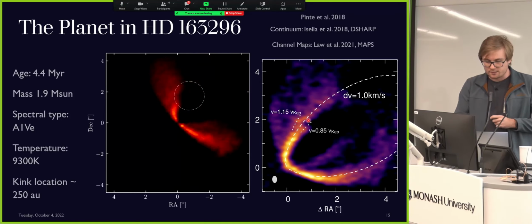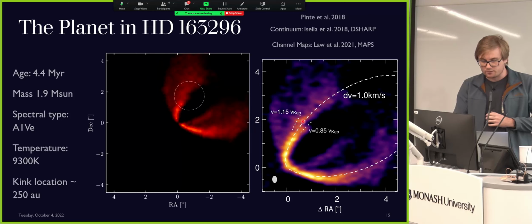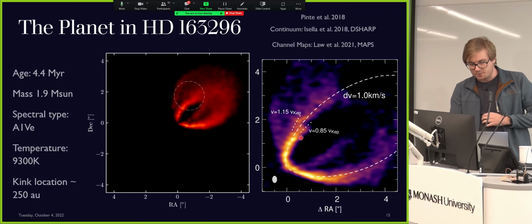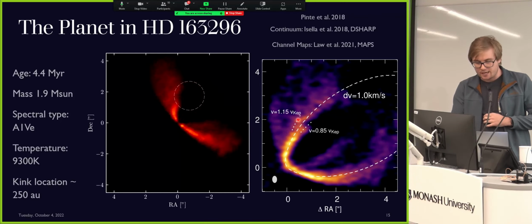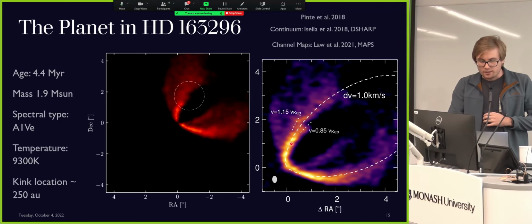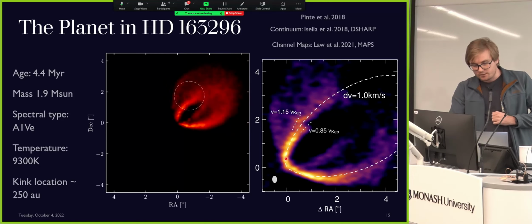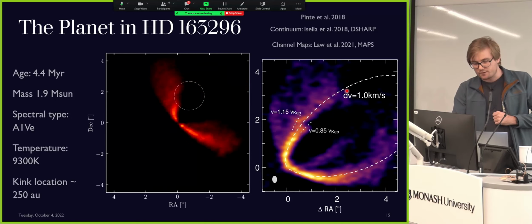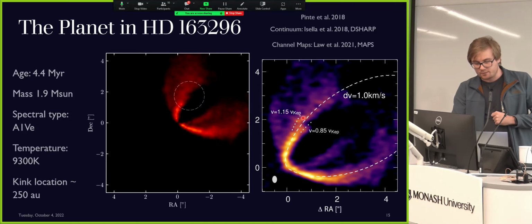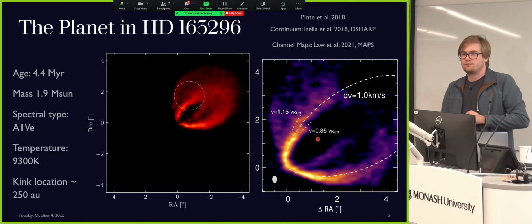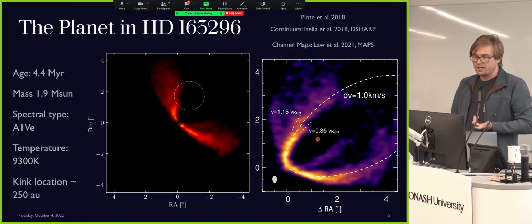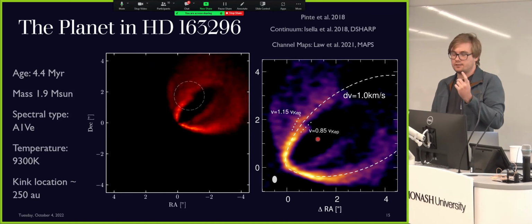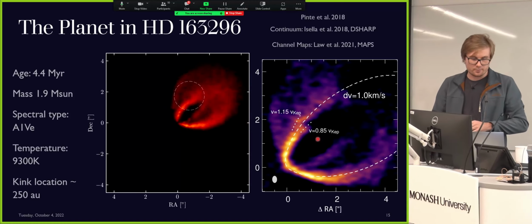In a single channel of the isovelocity curve snapshot, you can see that there's a very slight perturbation. If the disk was unperturbed, then the emission should be following this curved dotted line. But at this one particular location, it deviates. And this is work done by Christoph Pinte here at Monash, along with Daniel Price.